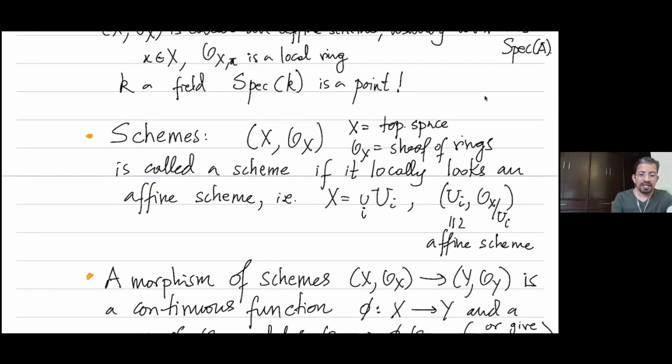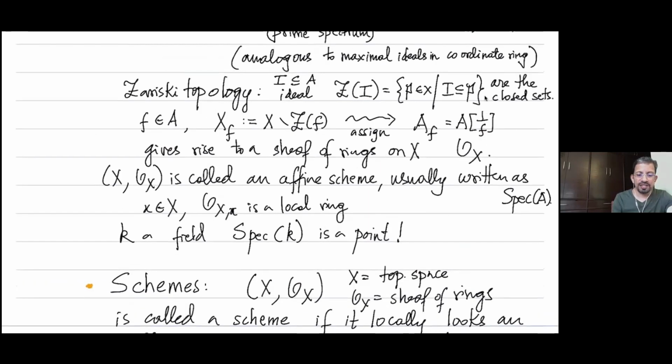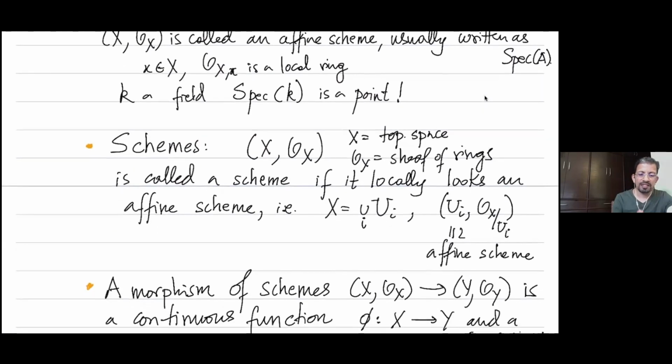Our basic definition involves two things: you have to put a topology and you have to put a sheaf of rings. In the case of a field, I'll be putting just a point here, but I'll also be putting the ring here, and that will distinguish between the spectra of different fields. So the spectrum of any field is a point, but there's also a ring sitting there, and this is important to keep in mind.